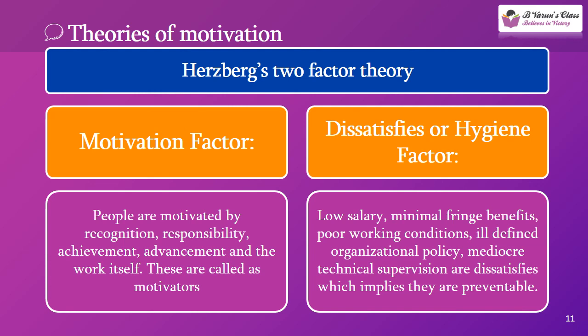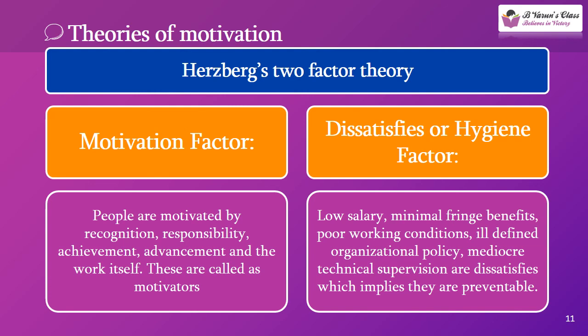People are motivated by recognition, responsibility, achievement, advancement and the work itself. These are all called the motivators. People are motivated by recognition, their work should be recognized, they should be given responsibility based on their own achievement, and based on their advancement in the career. All these are called the motivational factor.